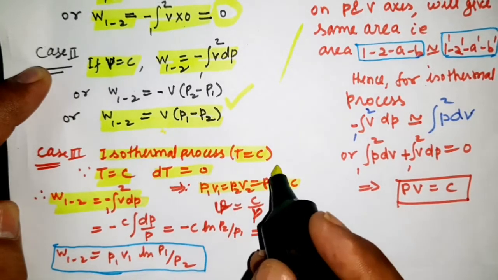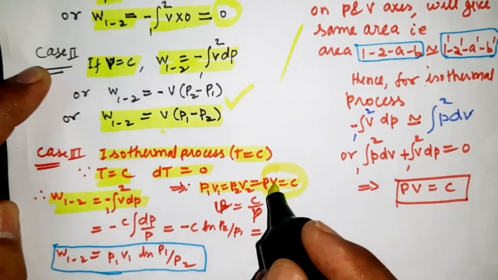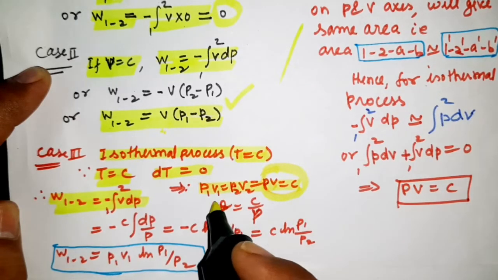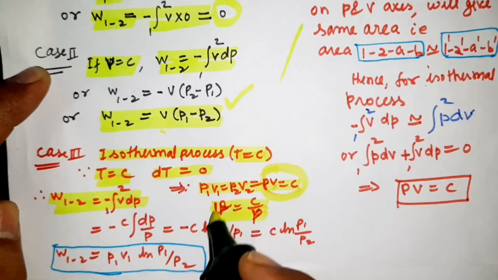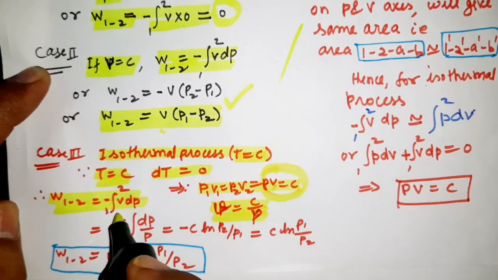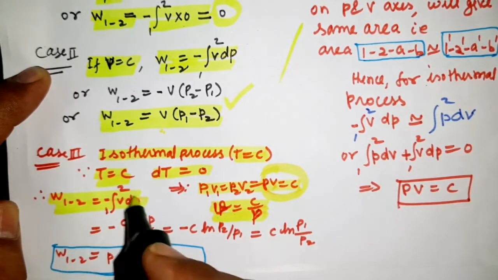From this relation we can say V is equal to C upon P. Now we will place this value of V in this formula.